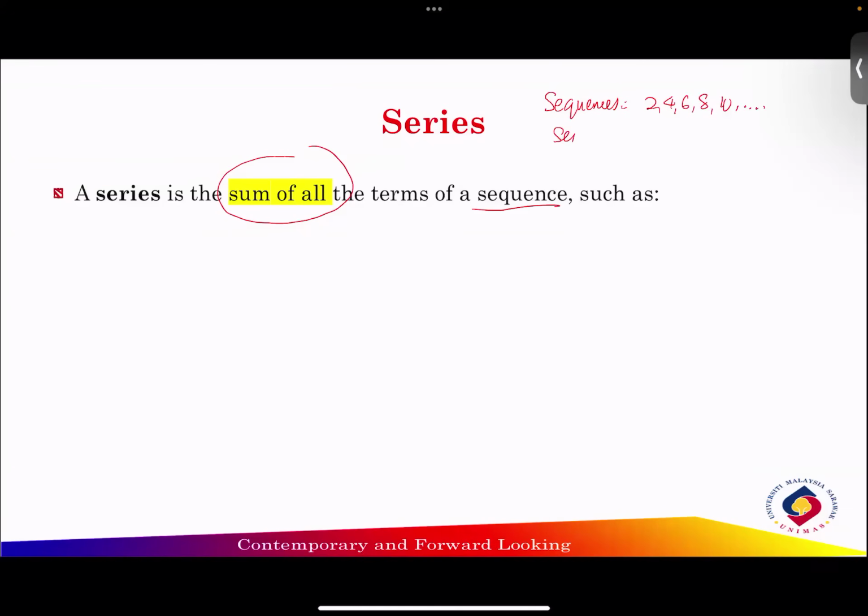How about series? If I use the same numbers, it will be 2 plus 4 plus 6 plus 8 plus 10. The answer you find here is the answer for a series, which is the sum of all the terms of a sequence.